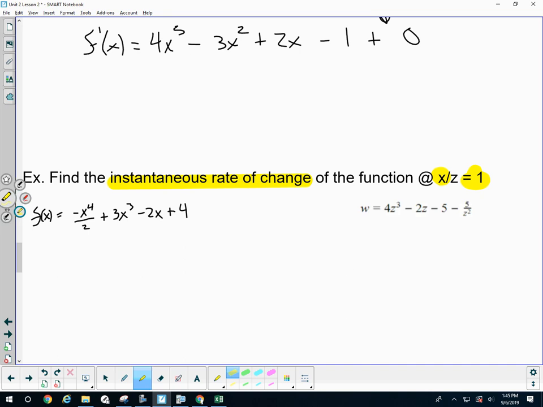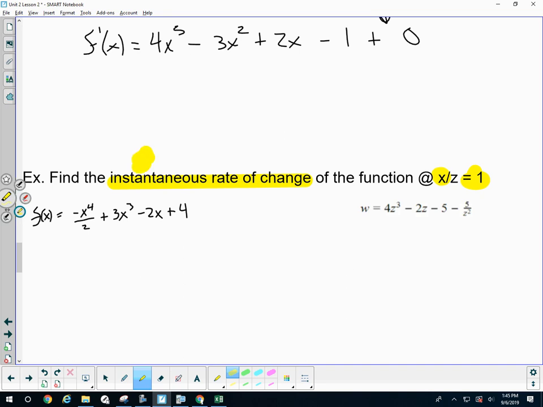Ooh, that seems daunting. Discuss with your neighbors. What are other words that we can use for instantaneous rate of change? The derivative, the slope of the tangent, all meaning the same thing.